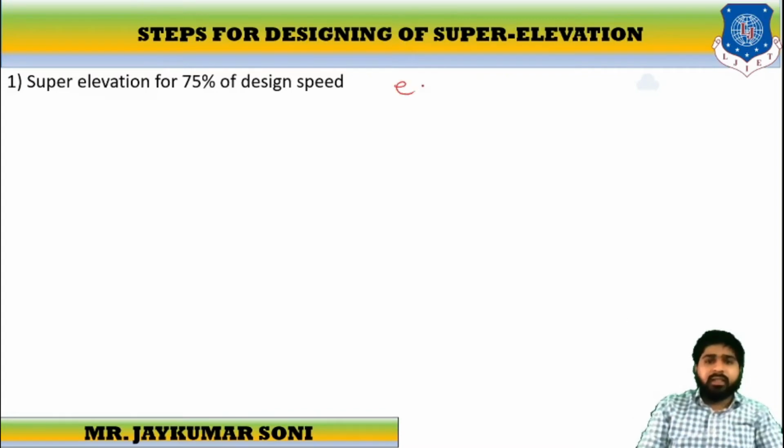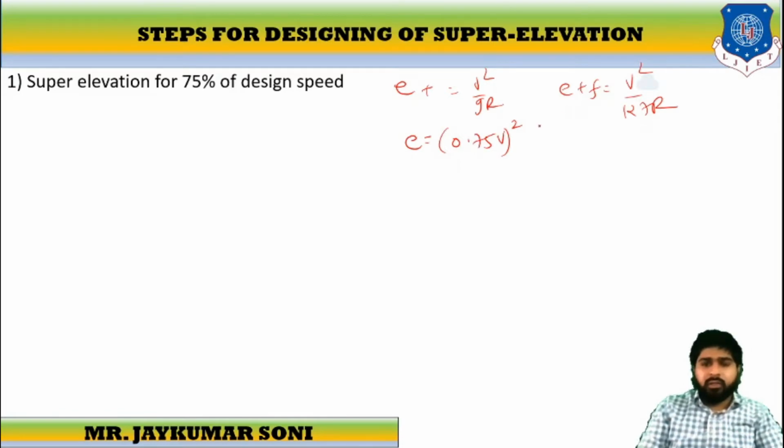If this is the basic equation, E plus F equals V square by gR, or E plus F is equal to V square by 127R, what we will do is ignore the value of F and put 0.75V instead of V. So it will be E is equal to (0.75V) square by gR.